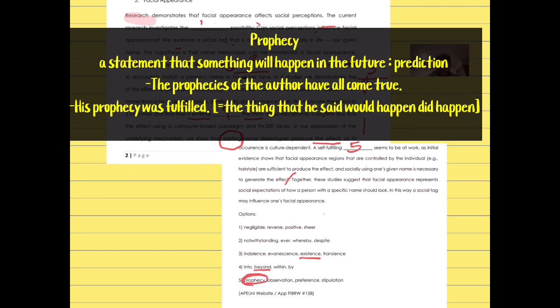The prophecies of the author have all come true. It means that the prophecies of the author have all happened. His prophecy was fulfilled. We always use the word fulfill with the word prophecy. His prophecy was fulfilled means the thing that he said would happen did actually happen.